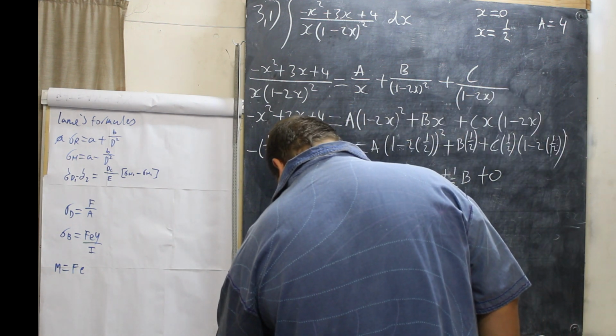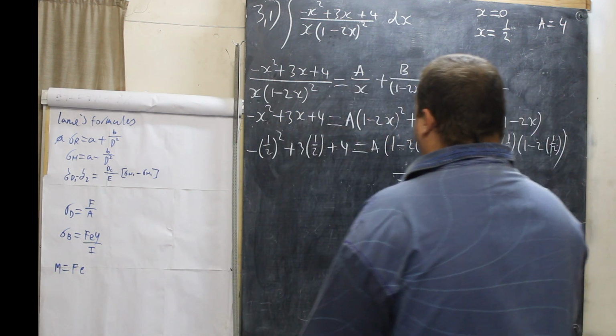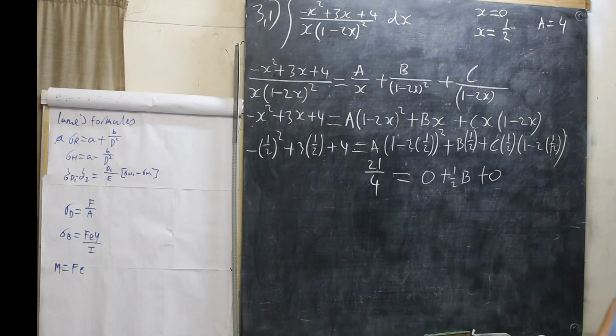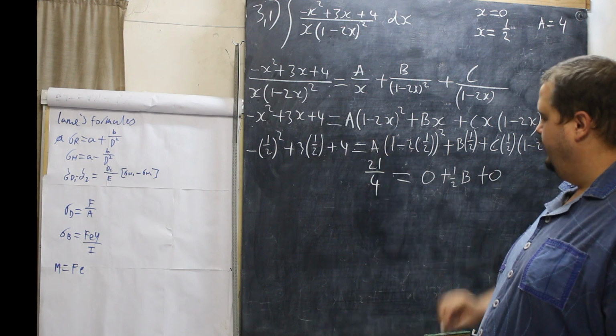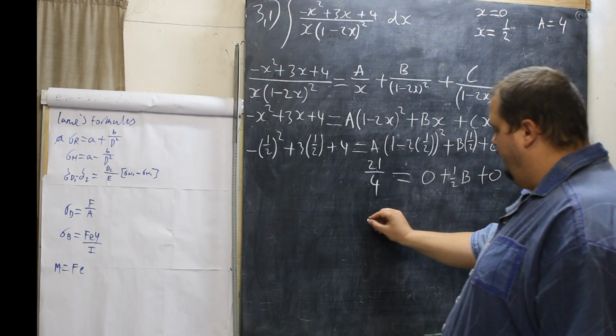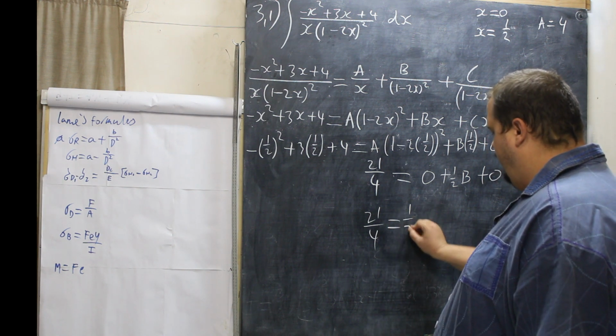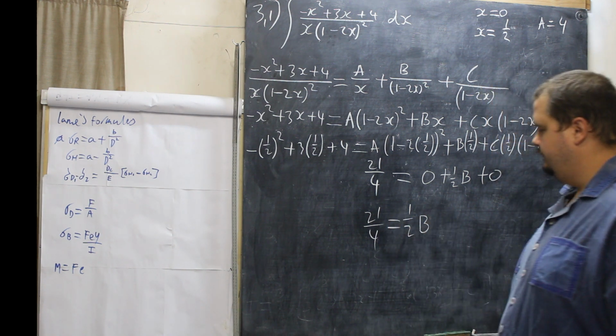And this we get, now what we get here, 21 over 4. Now that we've worked out 21 over 4, we're left with 21 over 4 equals a half b.